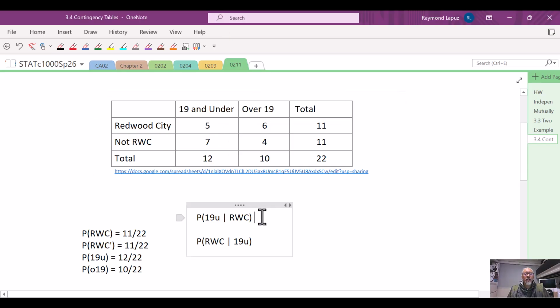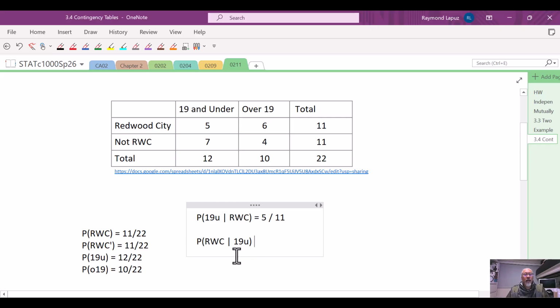So realistically, this answer should have been 5 people who are 19 and under, given that they live in Redwood City, out of 11 people that live in Redwood City. You're not looking at the grand total here, because you're given the condition that they actually live in Redwood City, and there's only 11 of them. So that's 5 out of 11.